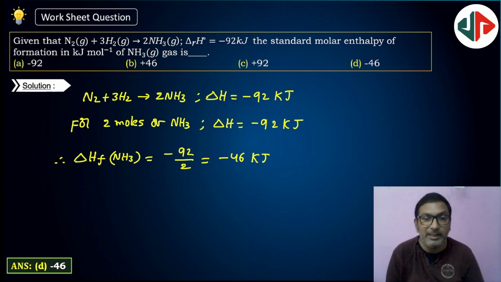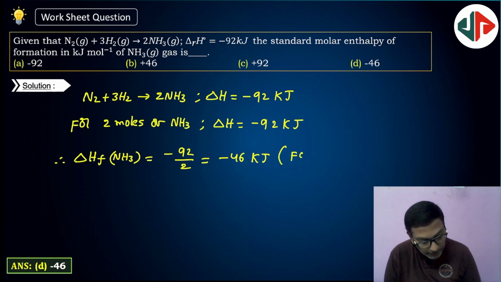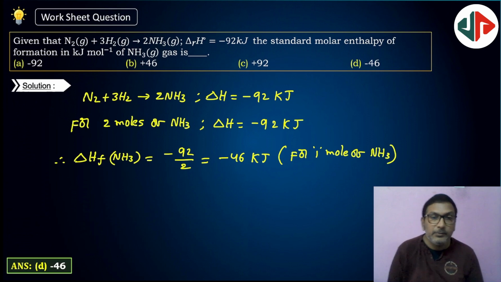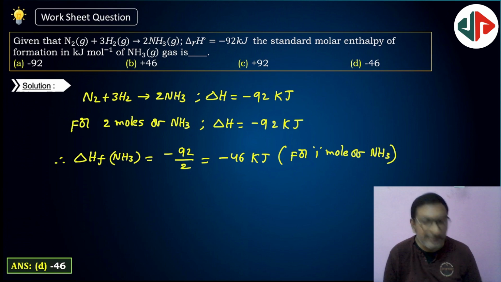For 2 moles the value is minus 92, so for 1 mole of NH3, minus 92 by 2, minus 46. Heat of formation means the amount of heat absorbed or released when 1 mole of compound is formed. But here 2 moles is minus 92. Therefore for 1 mole minus 46. So option D. Next.